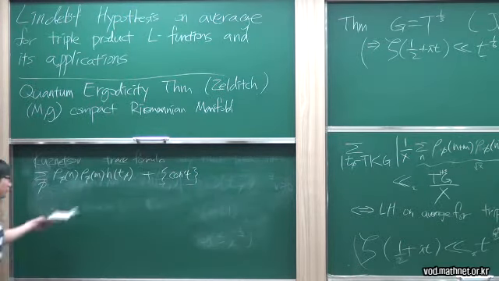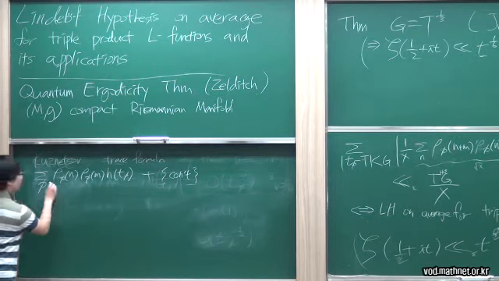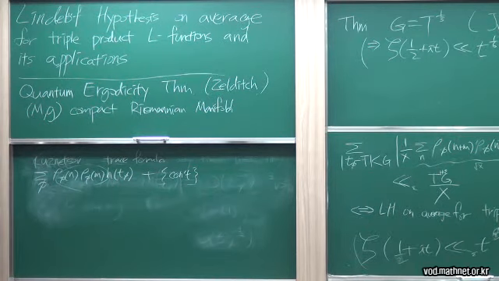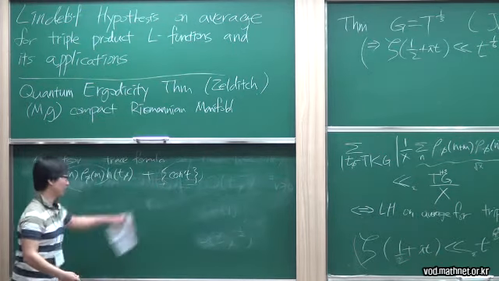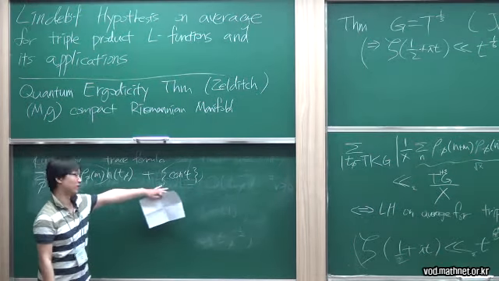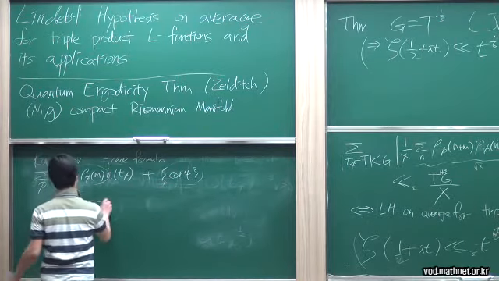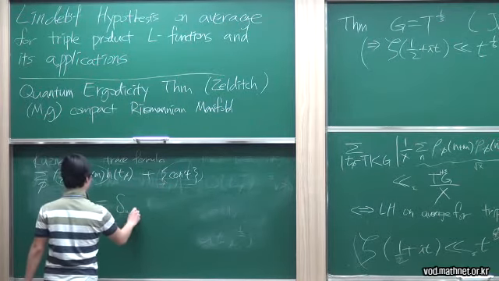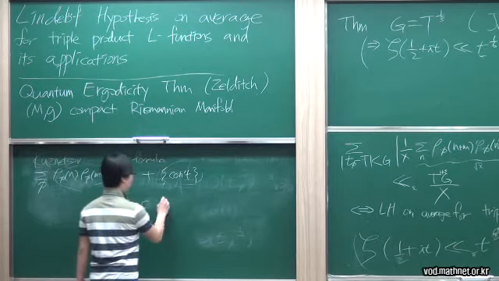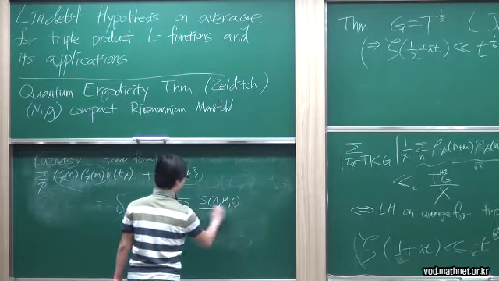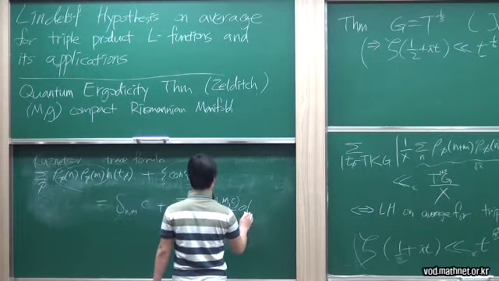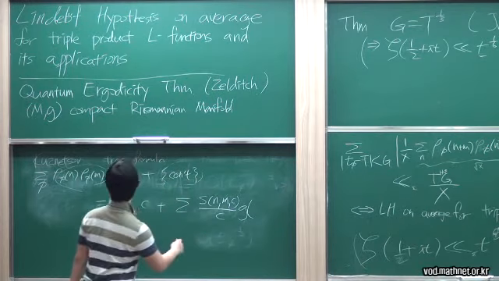So the Kuznetsov trace formula looks like this: if you sum over the product of two L2 normalized Fourier coefficients of Maass forms, and then put in some contribution coming from Eisenstein series, then you get delta of n times some constant depending on h plus a sum over Kloosterman sums.